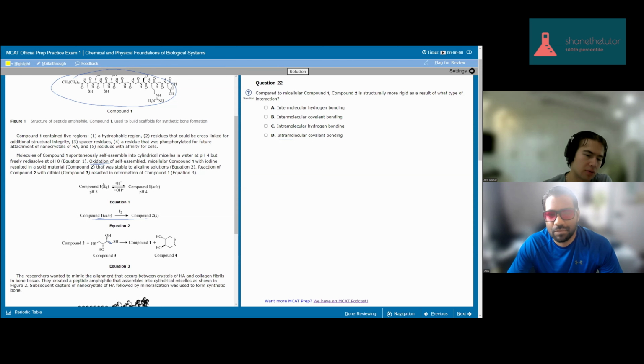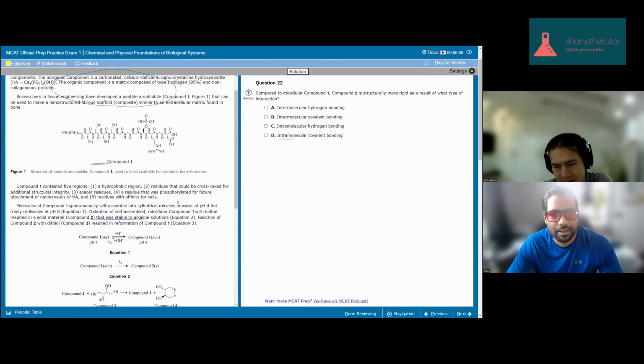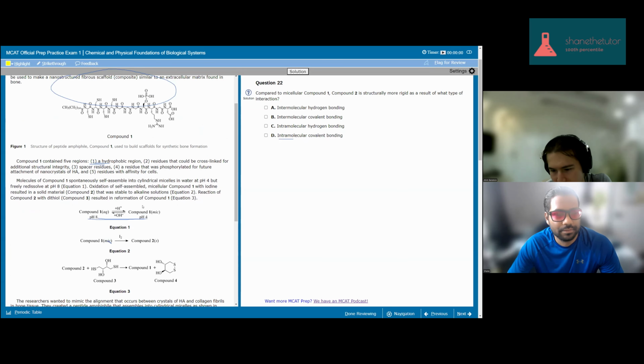So the sulfur would be reacting with the sulfur of the other compound.